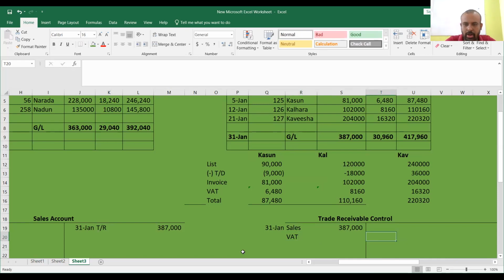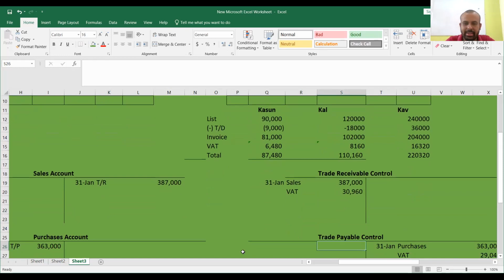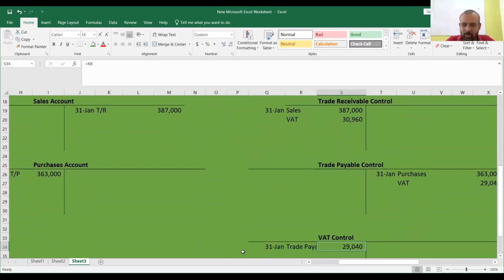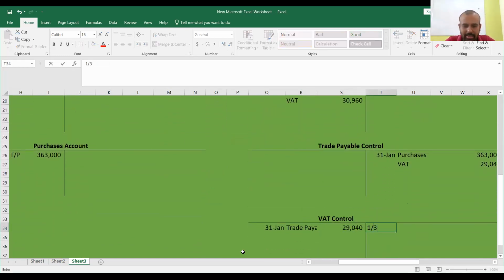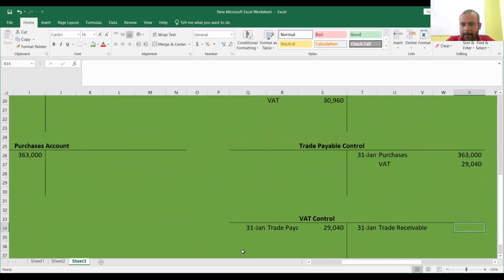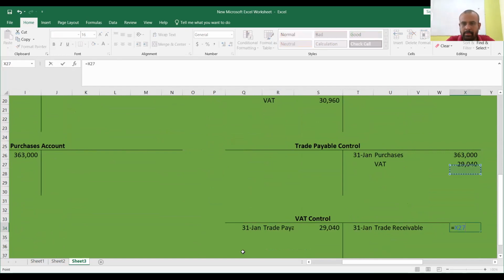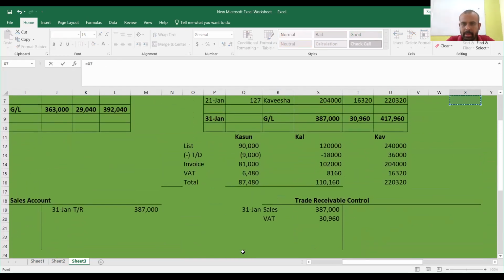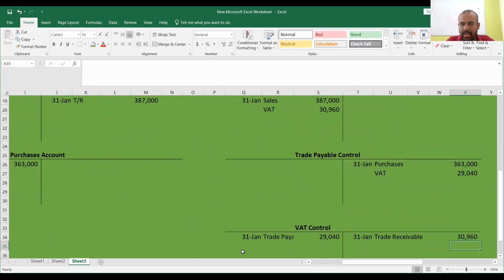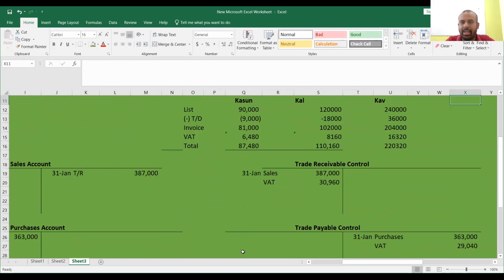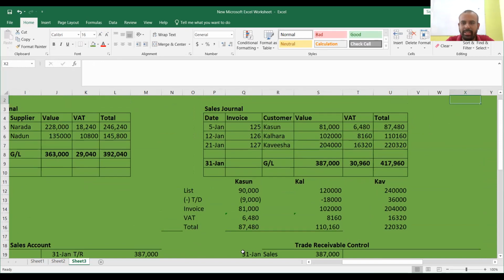Saying VAT, you record 30,960 and credit it to the VAT control account. VAT on sales is a liability, right? Then trade receivable, you need to debit here 30,960. Okay, now everything is fine, right?